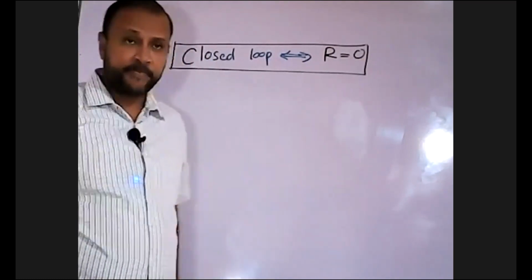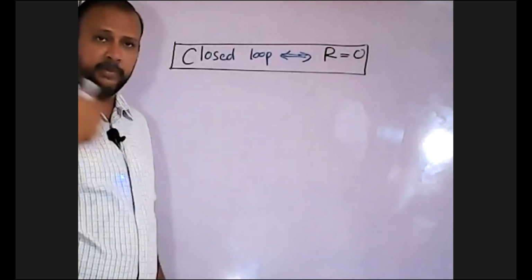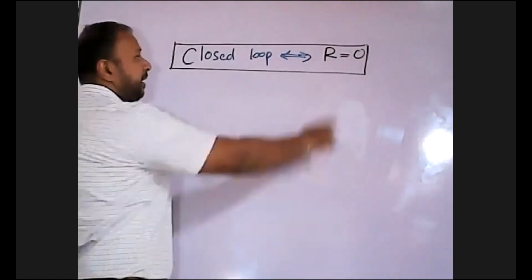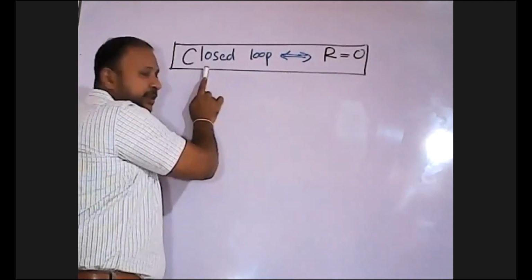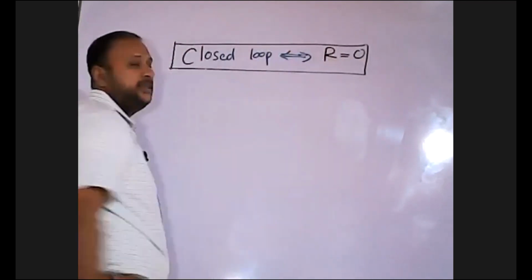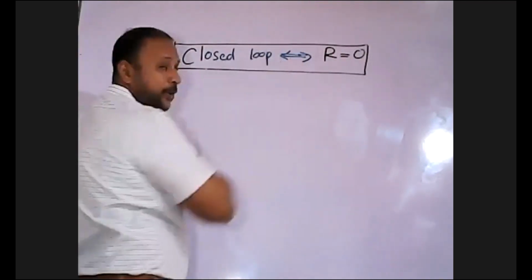Okay, the reverse is also correct. That means if the resultant is 0, then there should be a closed loop. If there is a closed loop, the resultant is 0. Both sides are correct. That's why there are two arrowheads.